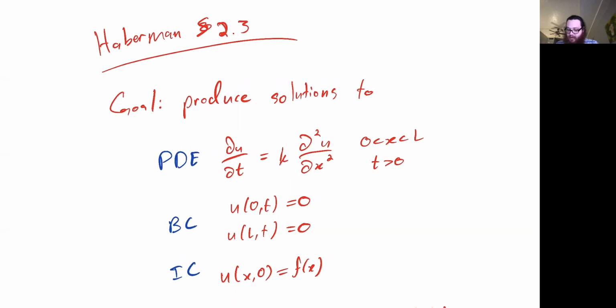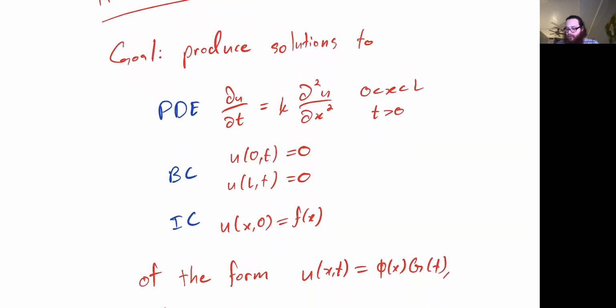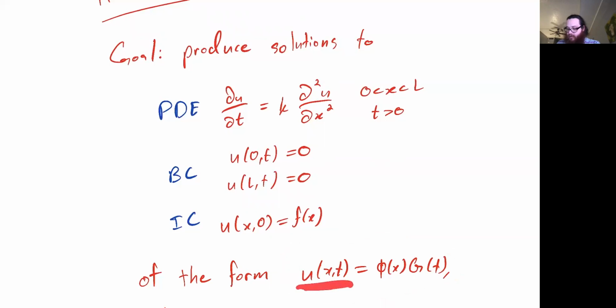So we're going to produce solutions to this problem. But in particular, we're going to look for solutions that can be written in this way, right? Where our temperature profile, we can, in a sense, decouple space and time, or say mathematically, we want to look for solutions that take this form where we have one function that depends on space times one function that depends on time.